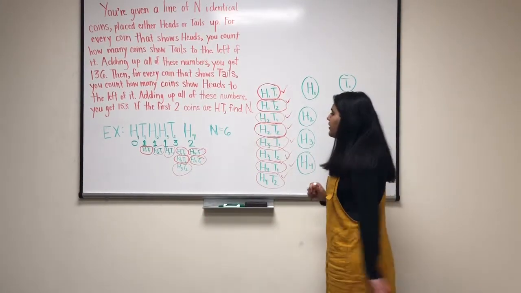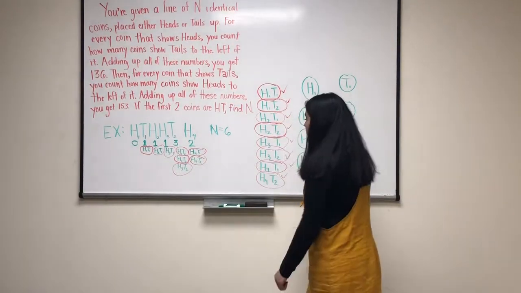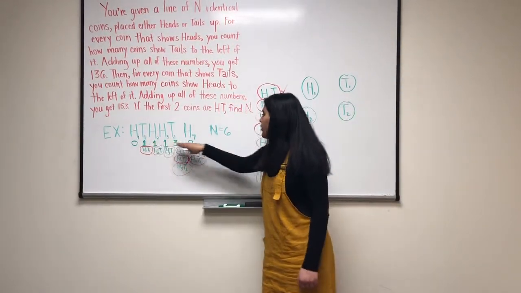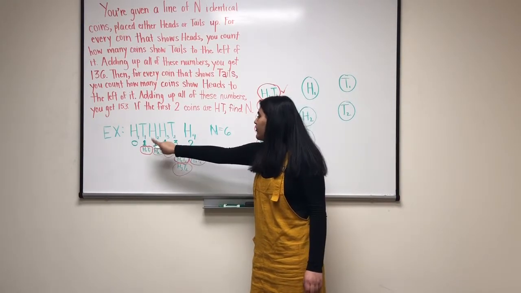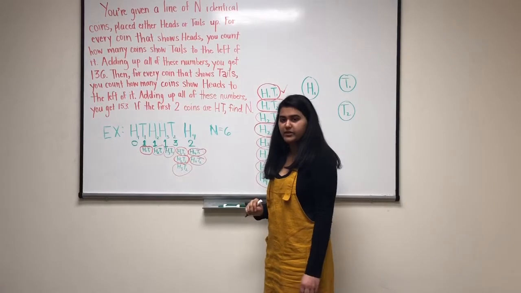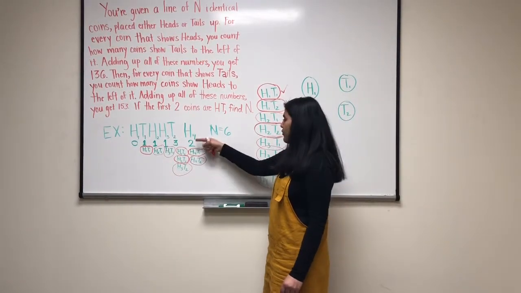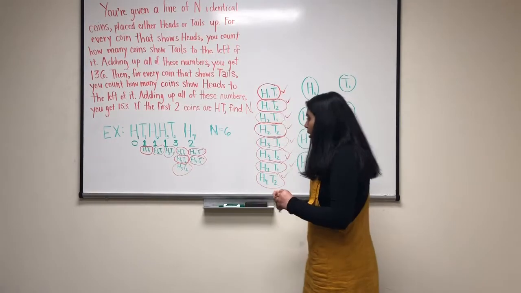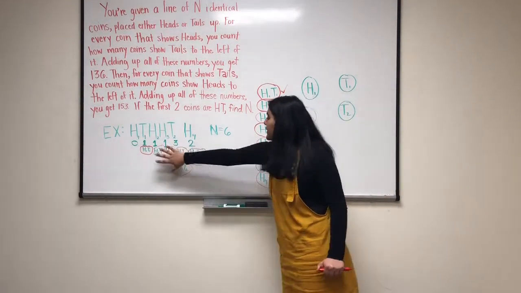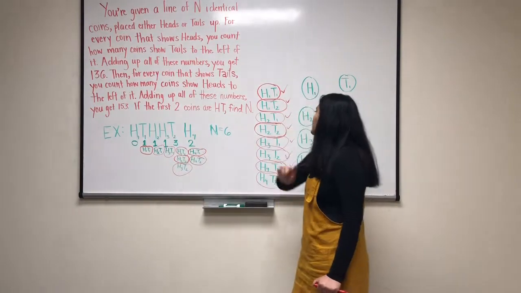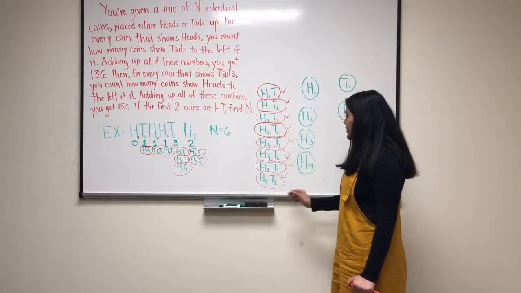As you can see, the total number of pairs equals the sum of the scores of the individual coins here. That should be clear because for every pair I got, I added 1 to the score of that coin. But what's also really interesting is that the total number of pairs here equals the total number of pairs here.